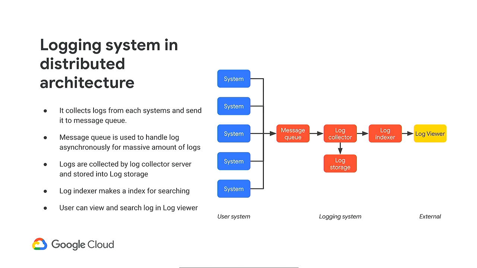Here is the general architecture of a logging system. We can collect the log from the system and send it into a message queue, like Kafka. Behind the message queue, we can consume the log. The collected log will be stored into the log storage system for archiving, and the log will be indexed by using the indexer for search purposes, so users can search and view the log.